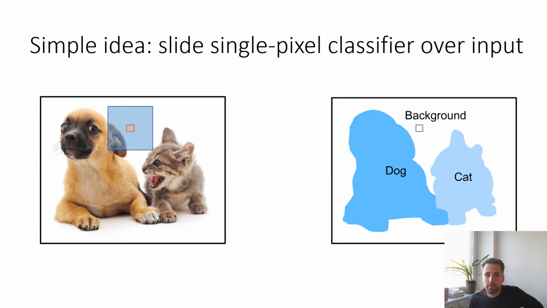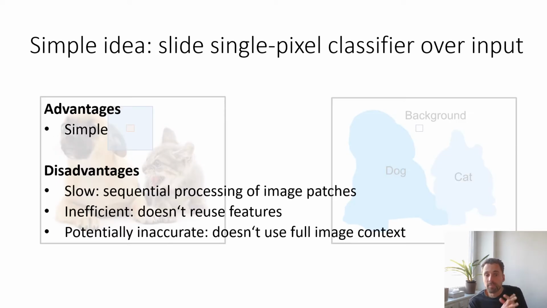Okay. But this has a number of disadvantages. And what do you think these are? Okay. So first of all, it is quite slow because you have the sequential processing. It's also inefficient because remember, the ConvNet encodes the input image into a hierarchy of features, of image representations, and from these representations, it classifies.